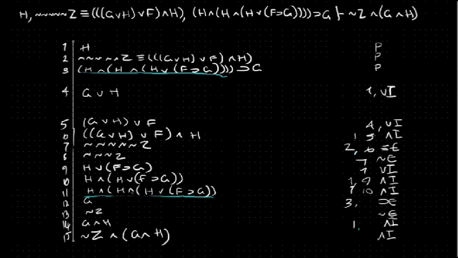G we got from a conditional elimination of 3 and 11. 13 is our not Z, so that came from 8 and a negation elimination. G and H came from 12 and 1, and then finally not Z and G and H on lines 13 and 14 with a conjunction introduction gave us not Z and G or H.